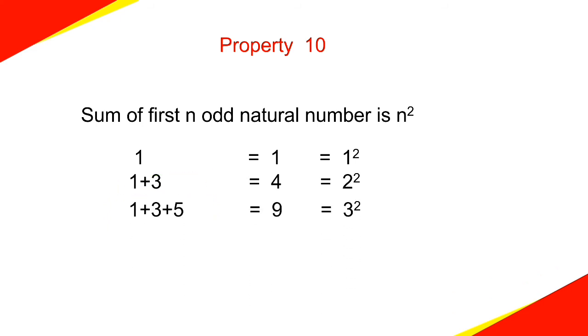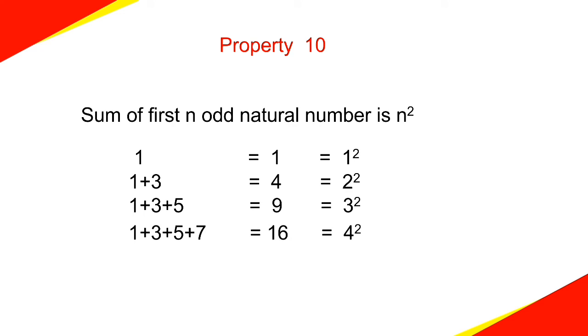Now we can see 1 plus 3 plus 5. If you add 1 plus 3 plus 5 we get 9, which is a perfect square of 3.